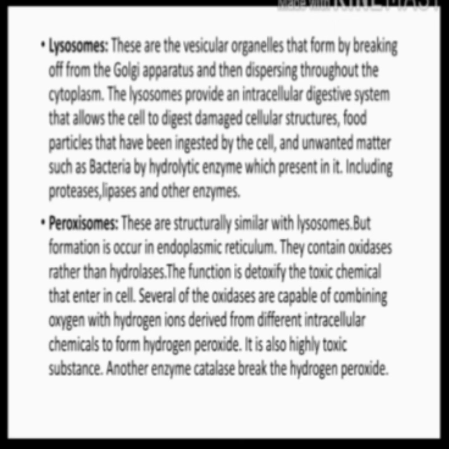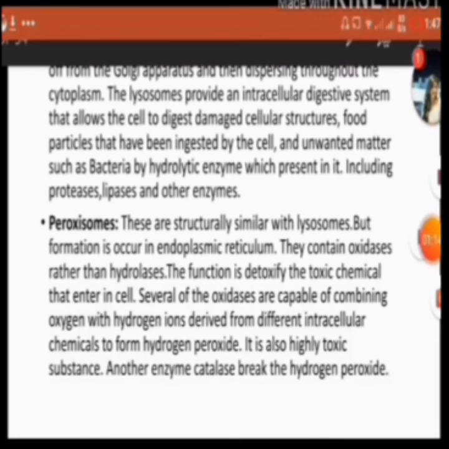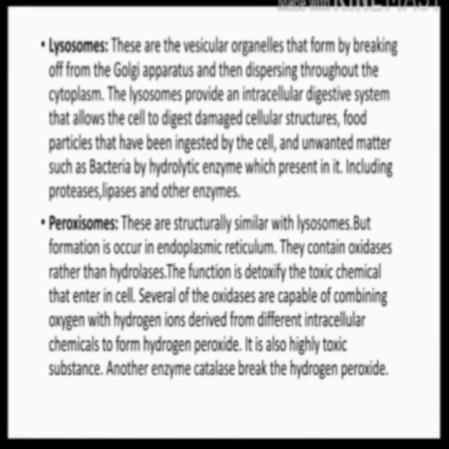Then its toxicity is decreased by the catalase enzyme. The catalase enzyme is capable of breaking the hydrogen peroxide into simpler molecules, water and oxygen. In this way, a less toxic or non-toxic substance is formed from a toxic substance. The toxicity is reduced and all our functions are normal.